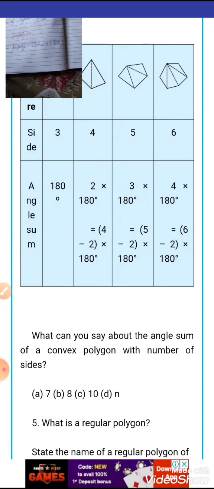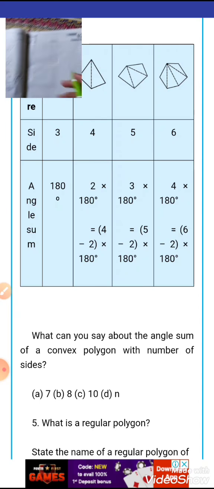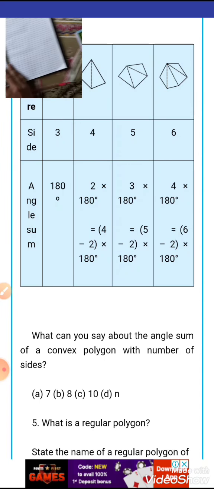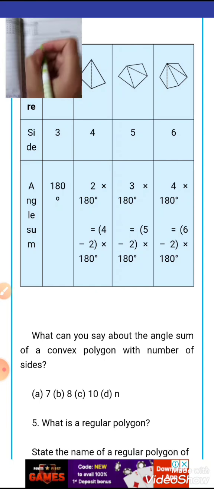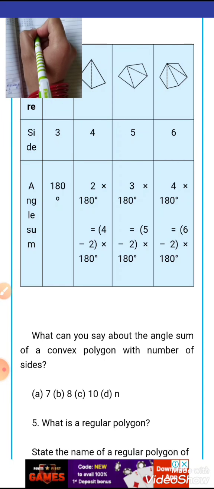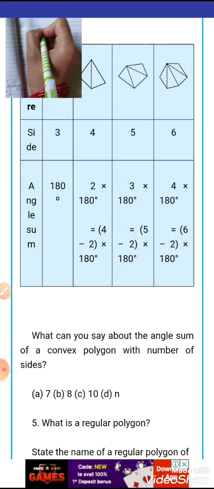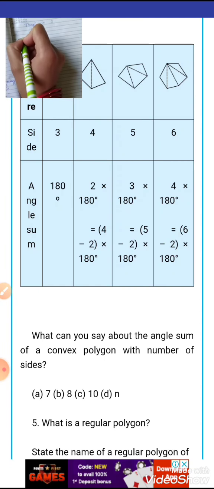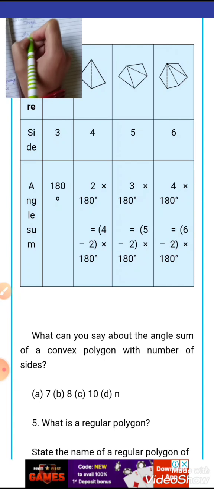Now let's see how this formula works. For example, you have to find the angle sum of a triangle. For a triangle, the number of sides is 3, and we have to find its sum of interior angles.